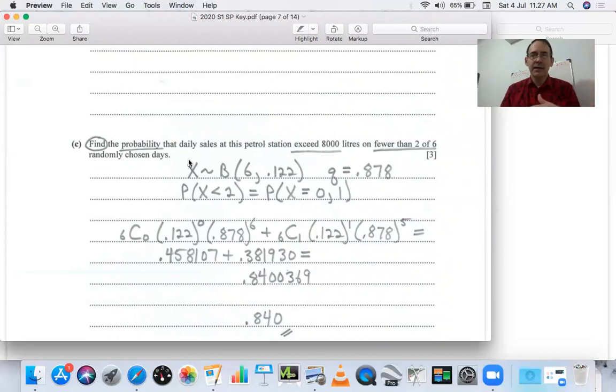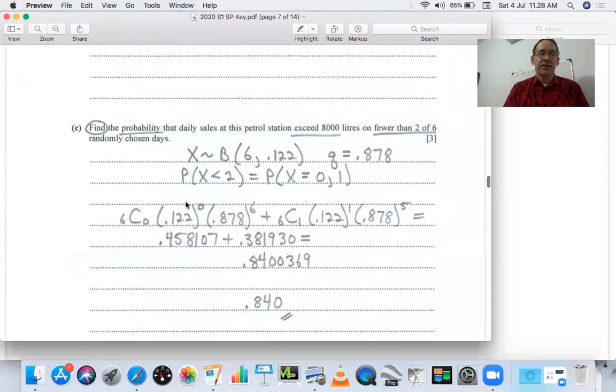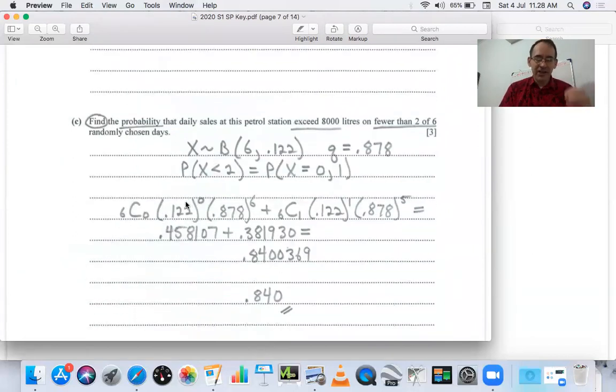You don't go by parts of a day when you're talking about daily sales. So fewer than 2 of 6. So again, you need to recognize this is discrete and there are a fixed number of trials. So it means we're binomial, not geometric, right?